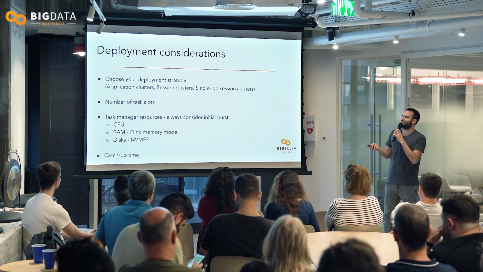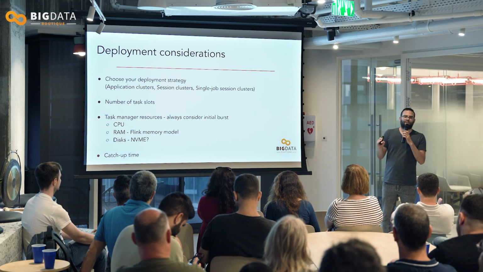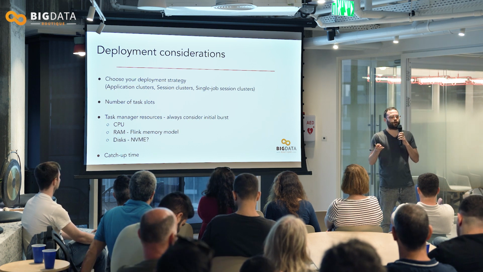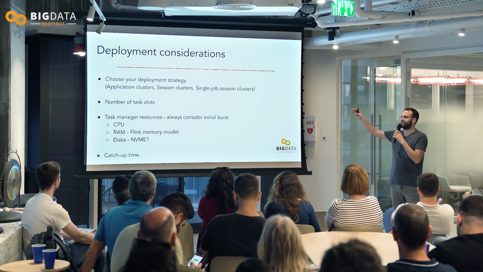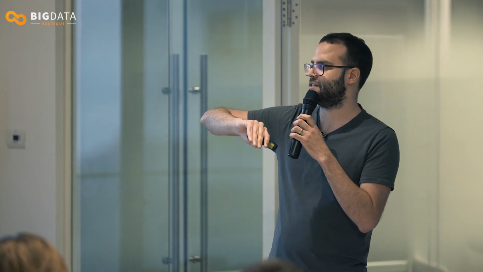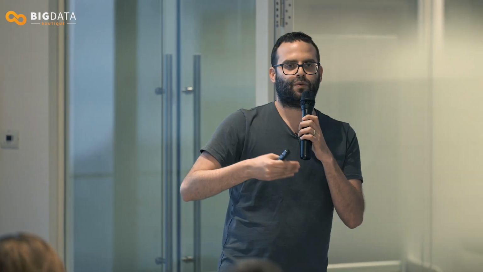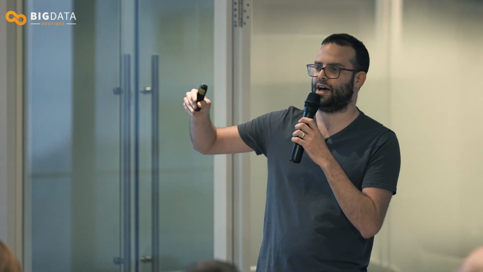And another thing to consider is that our jobs are going to have one of two working patterns. The first one is when there's a sudden spike of traffic, which can be simply because we just restarted the job and we need to do some catch up, right? If we took the job down for maintenance, then we can expect some slight burst when the job is suddenly restarted.